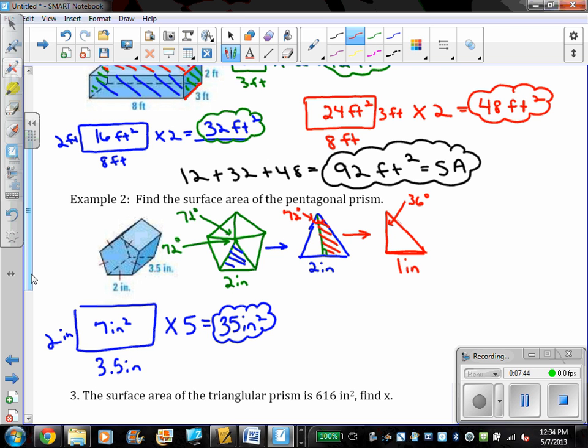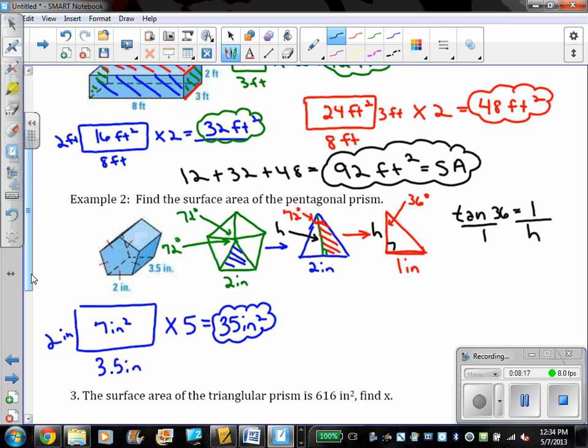And again, we are all about trying to find this height, because once we have that height, then we can find the area of this pentagon. So we need to find that height. Now we have one side, we have one angle, that's where SOHCAHTOA comes into play. We have the opposite side of the angle we know. We want the adjacent, so that is definitely tangent. So tan of 36 is equal to the opposite side over the adjacent side.